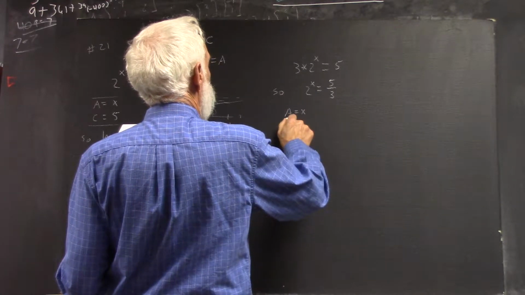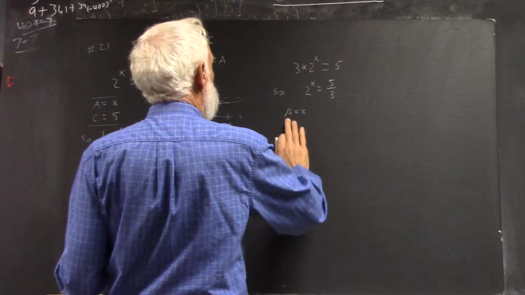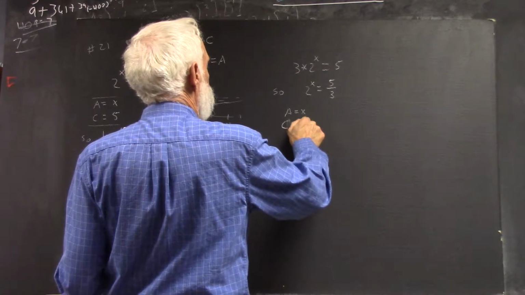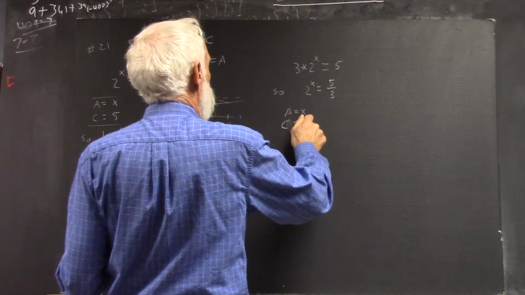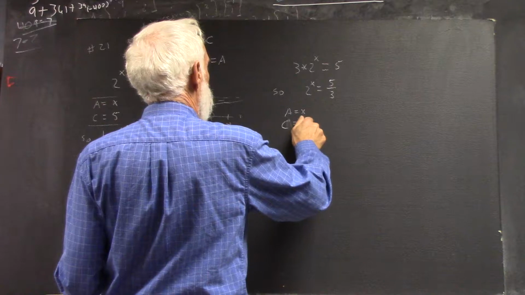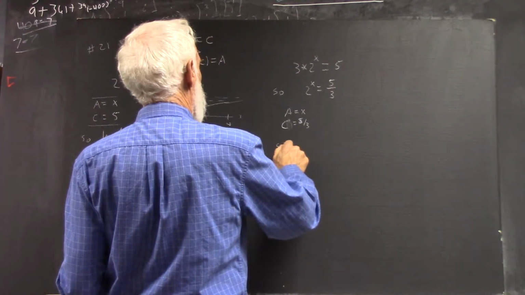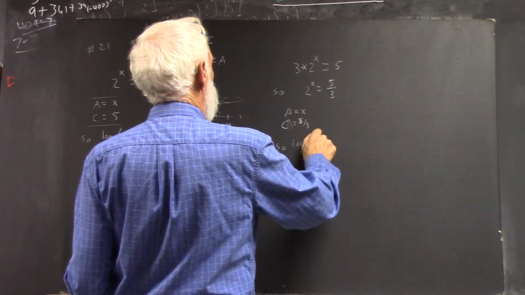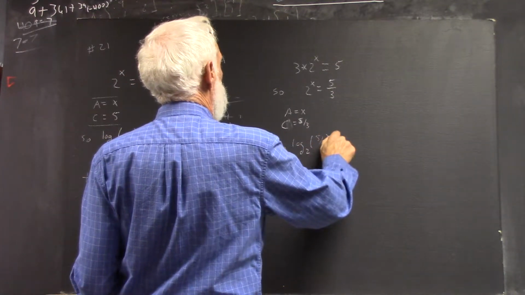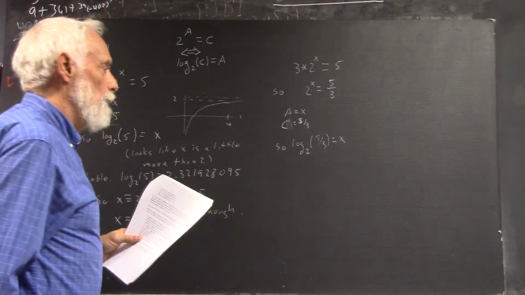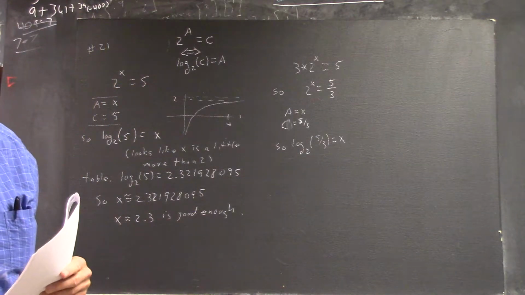So now A equals x, and C, we don't want to use B for reasons that you'll see when we come back here and do this with other bases. C equals 5/3. Log base 2 of 5/3 equals x, right?